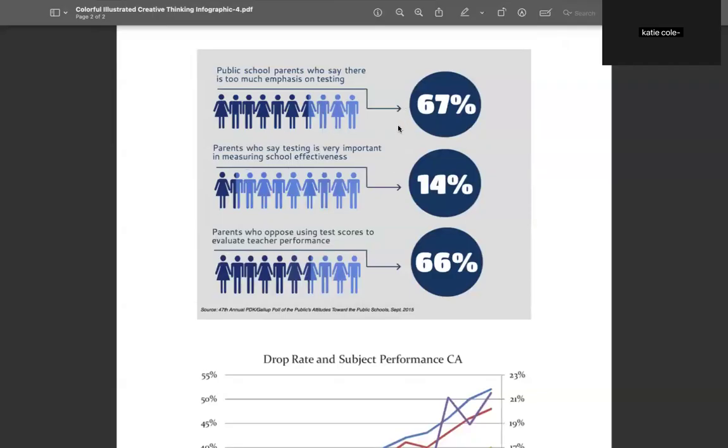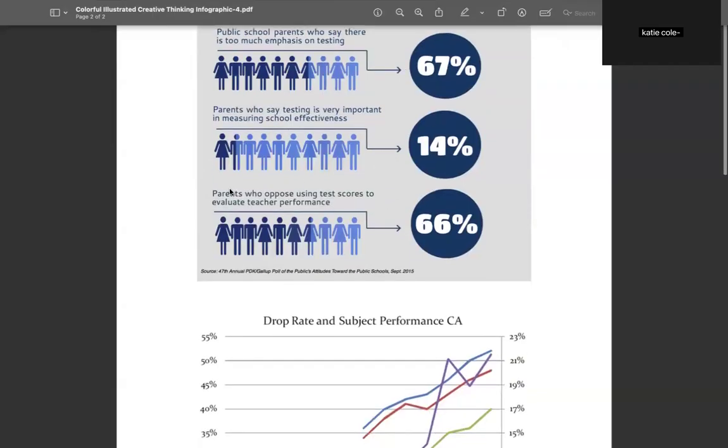So that's a big difference. And 66% of parents opposed to using test scores to evaluate teacher performance. So you can definitely see that there is a way larger amount of parents who think that there is way too much focus on testing.